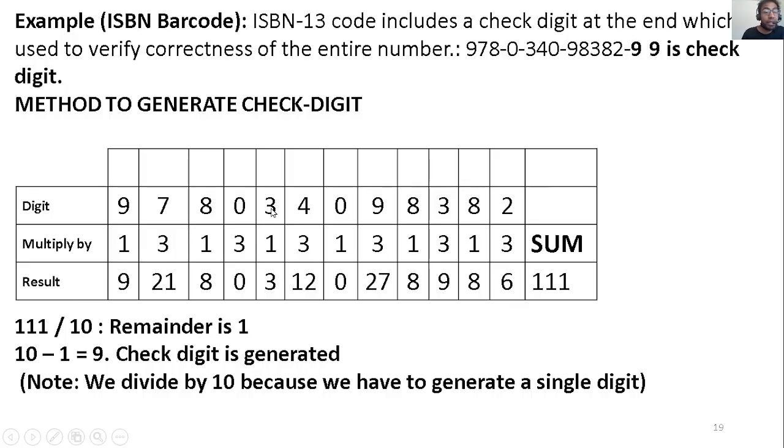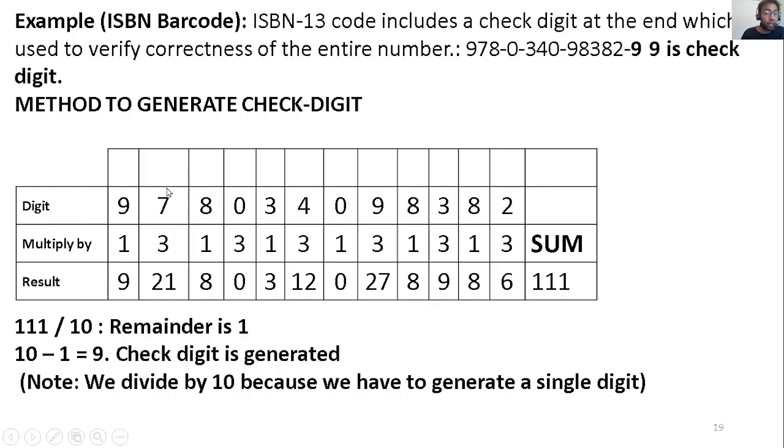Then 3 is at the fifth position, 0 is at the 7th position, 8 is at the 9th position, and 8 is at the 11th position. So all these are odd positions.